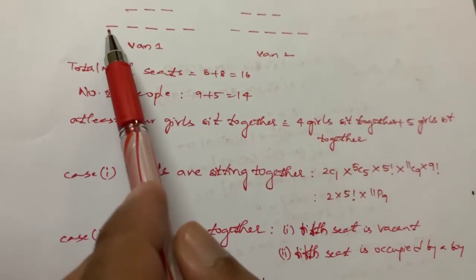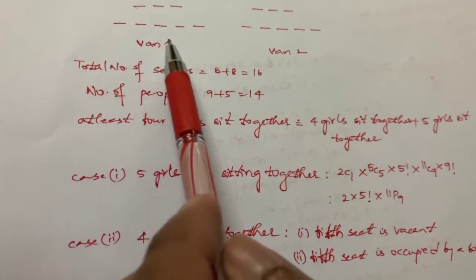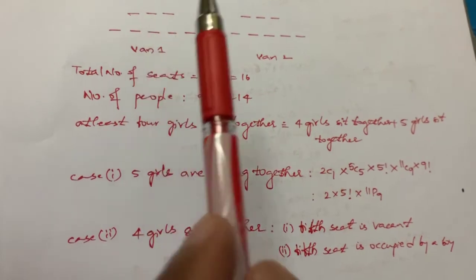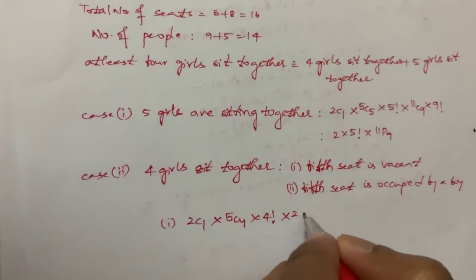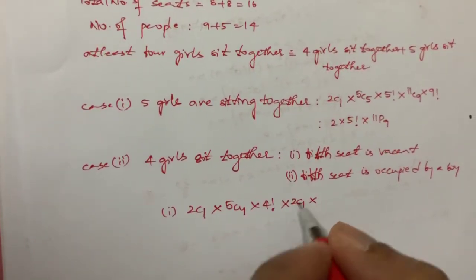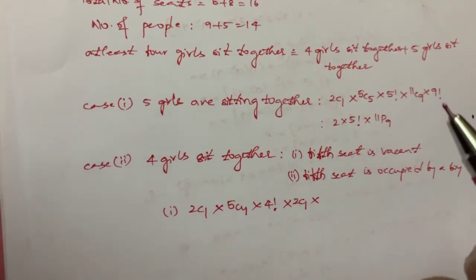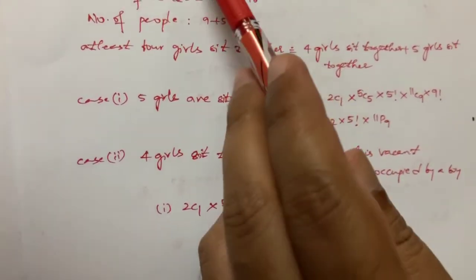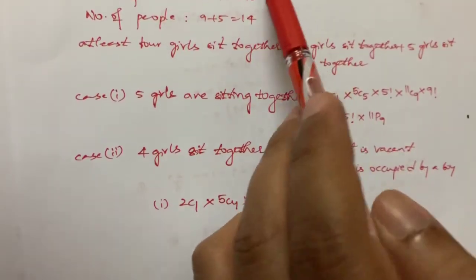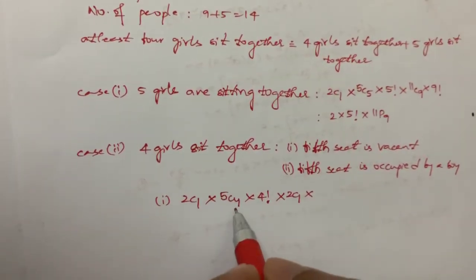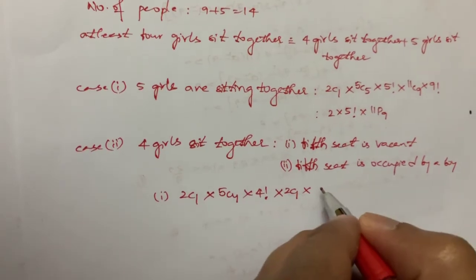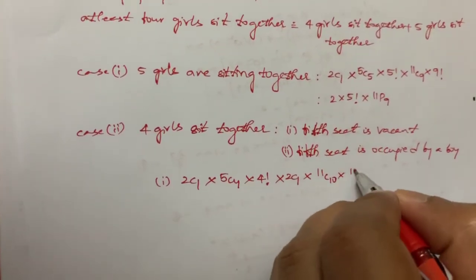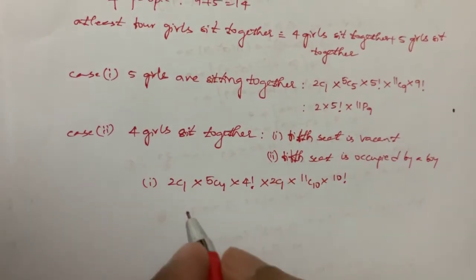So here also we have 2C1 ways to fill them up. Then we are left with 11 seats, in which we have to fill 1 girl and 9 boys, so 11C10, and they can be arranged among themselves in 10 factorial ways.